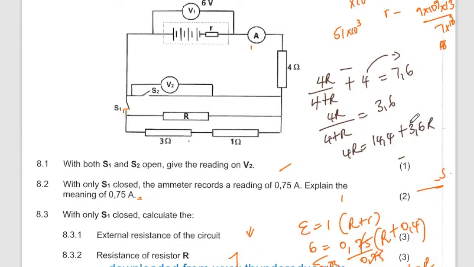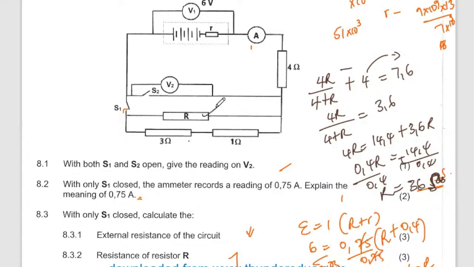When I move the 3.6R to that side, I end up with 0.4R equal to 14.4. Divide by 0.4 on both sides. So my R is going to be 36 ohms. So this R is 36.